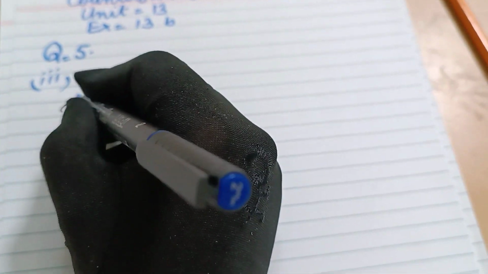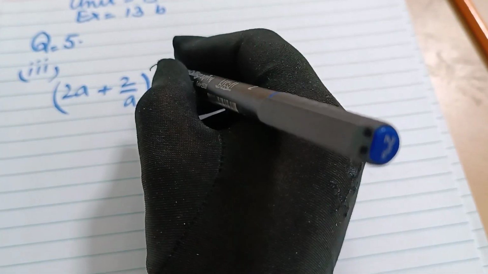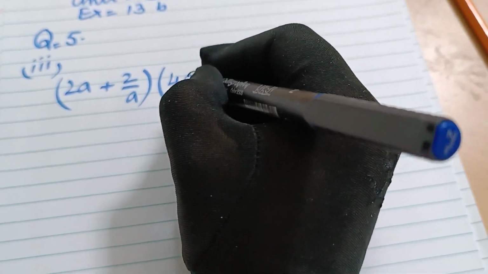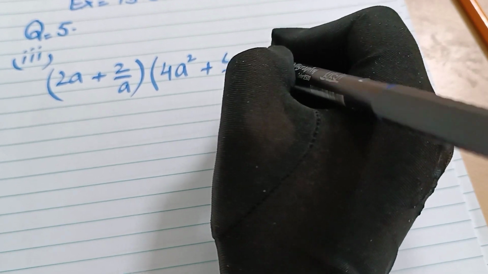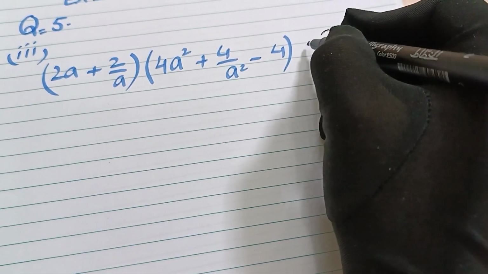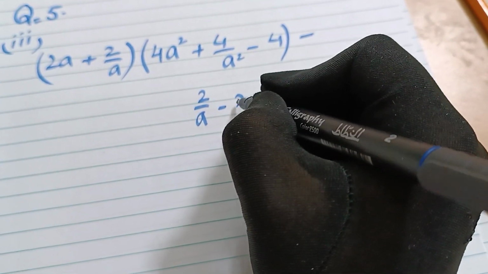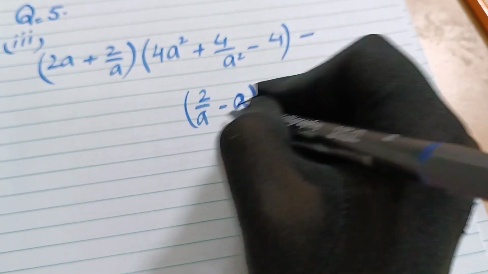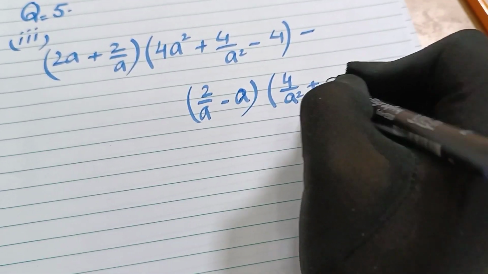Part number 3 is (2a + 2/a) multiplied by (4a² + 4/a² − 4), and then (2/a − a) and then (4/a² + 2).